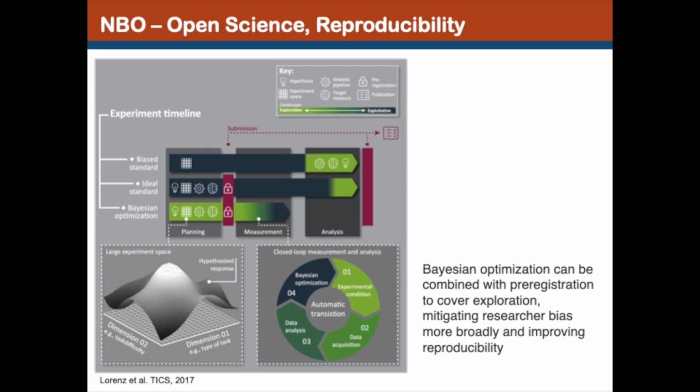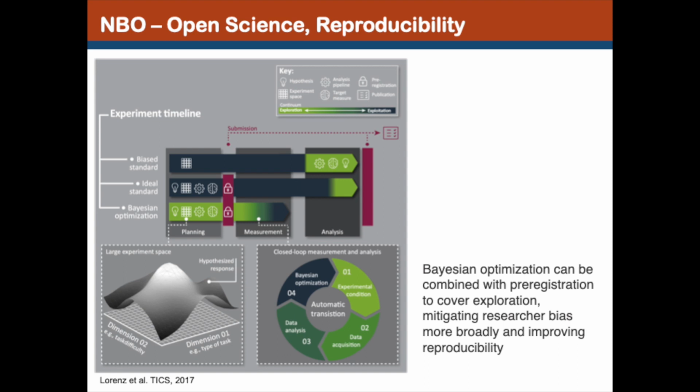And the way that Bayesian optimization can go a step further is that you would do all of this, but you can also pre-register much more information about a large experiment parameter space, right? And you can pre-register the whole continuum between exploration and exploitation, because it's embedded in the Bayesian optimization.